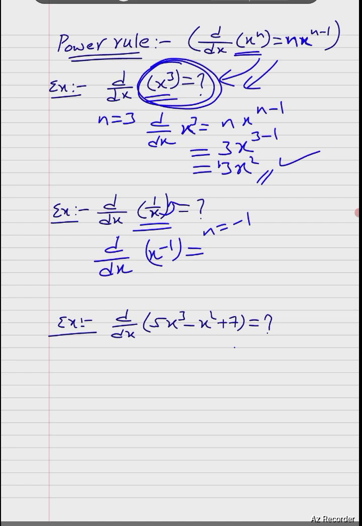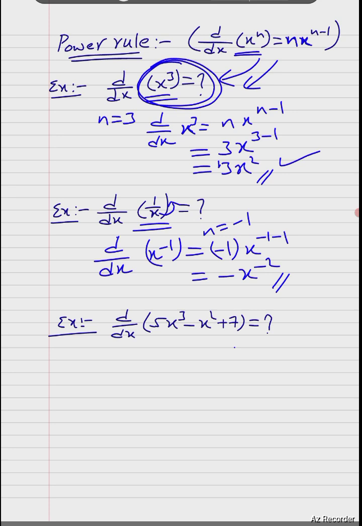So let us apply the formula: n times x power n minus 1, that is minus 1 times x power minus 1 minus 1. So how much do we get? Minus x power minus 2. So the derivative of 1 by x is minus x power minus 2.